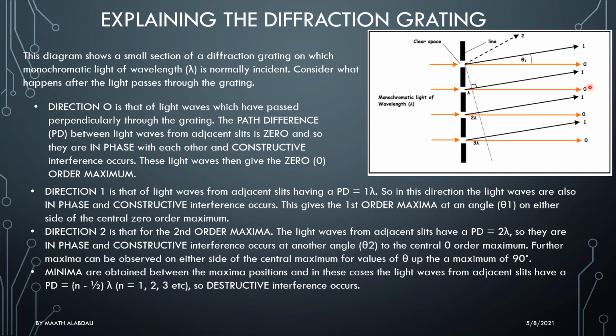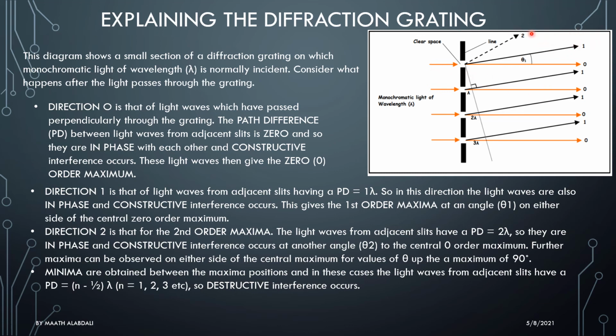Direction 1, which is this, is when the path difference is 1 lambda, the waves are in phase, and constructive interference occurs. This is the first order maximum.